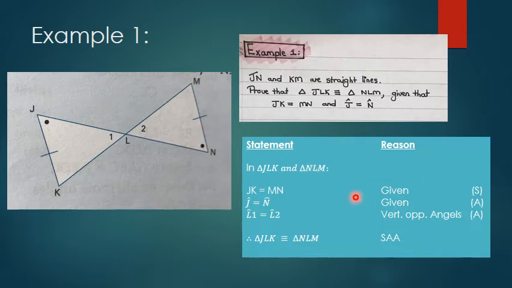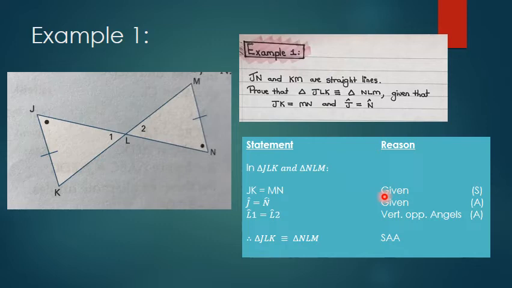JK is equal to MN, that has been given. So your write-up is going to look like this. In triangle JLK and triangle NLM, the following I can see: JK is equal to MN, that has been given.